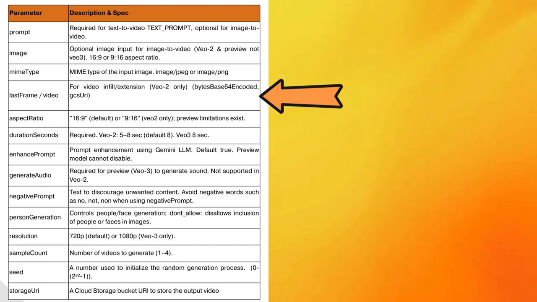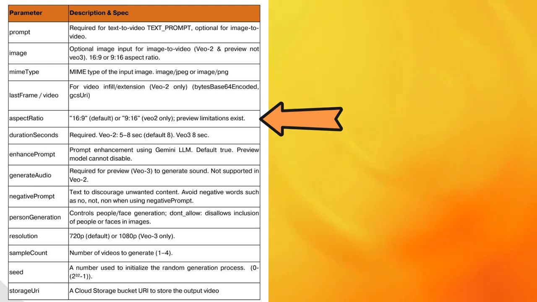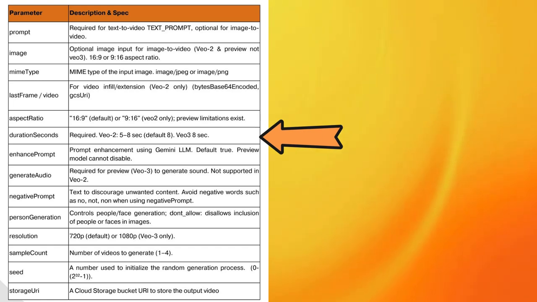Last frame is for video infill extension, and it can be base64 encoded or a GCS URI. Aspect ratio is 16:9 for Veo 3 and could be 9:16 for Veo 2.